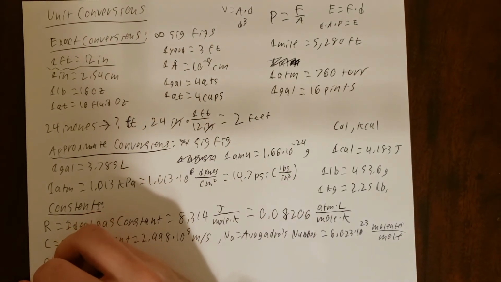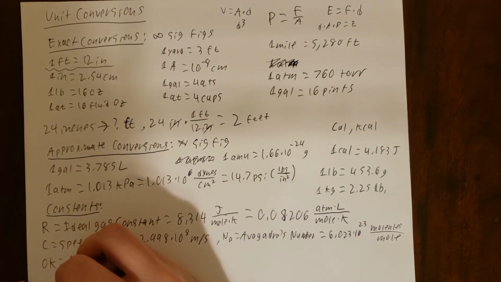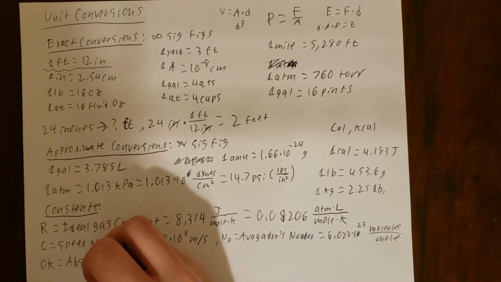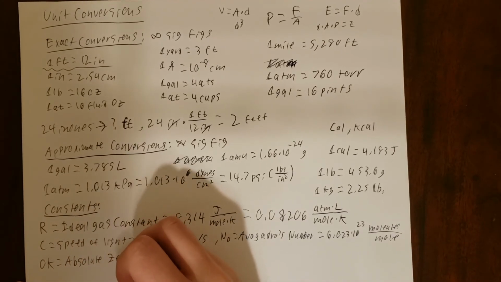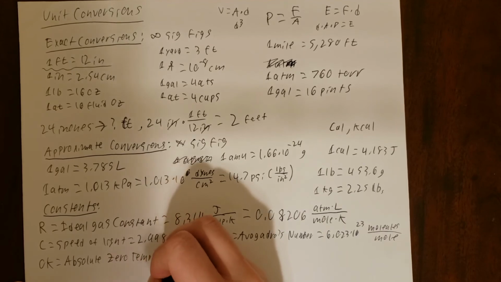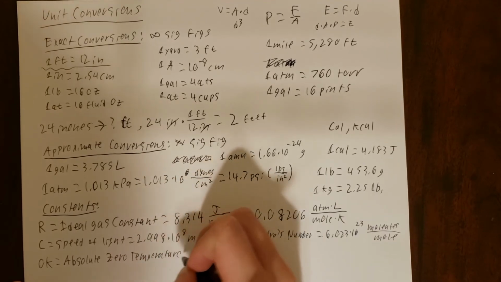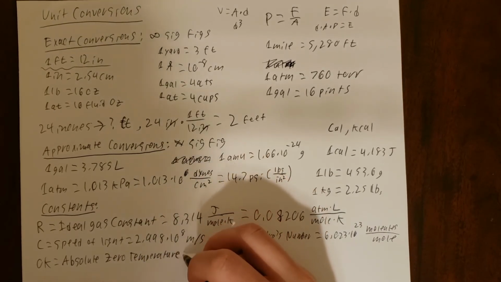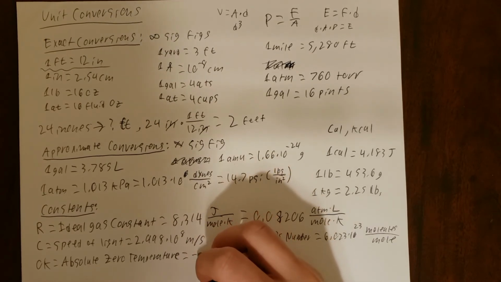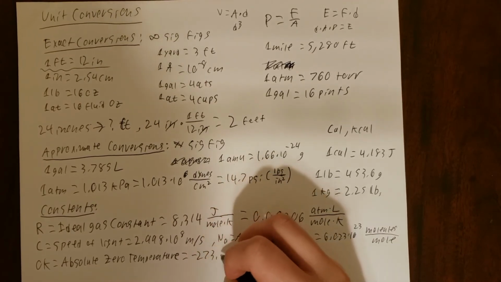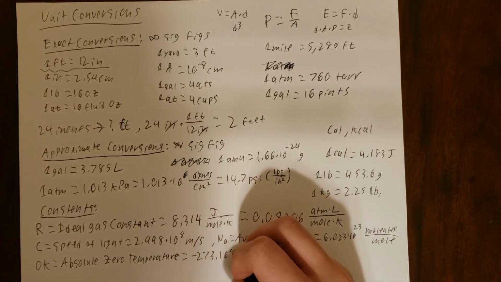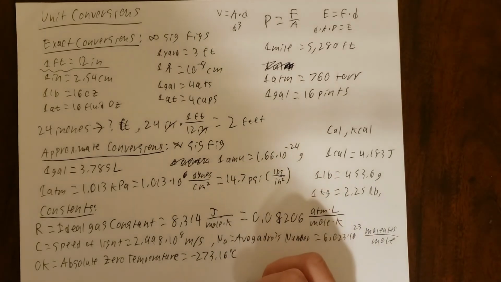Now we have 0 Kelvin, which is absolute zero temperature, which is equal to negative 273.16 Celsius.